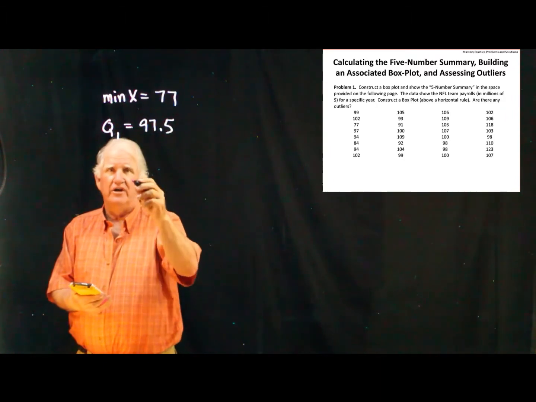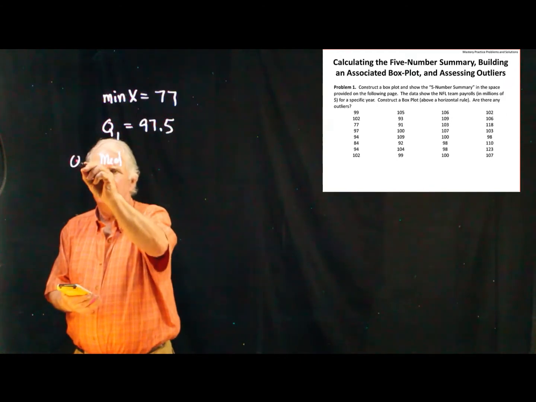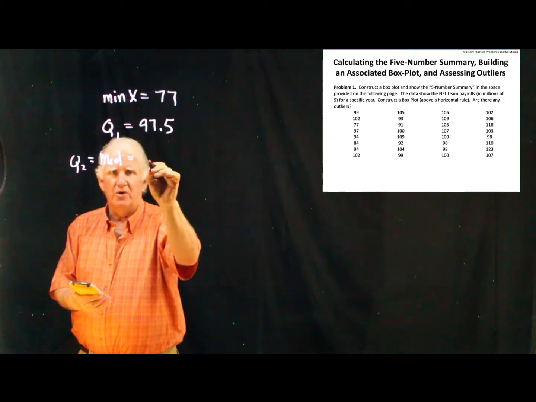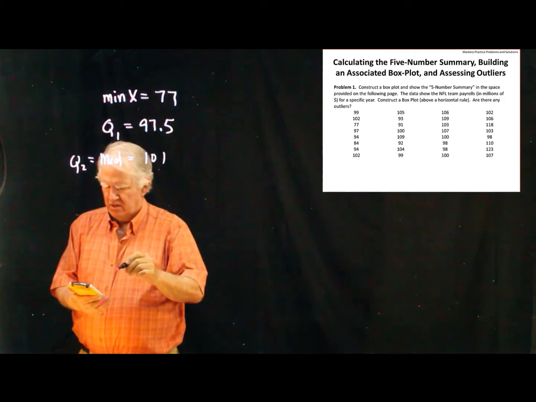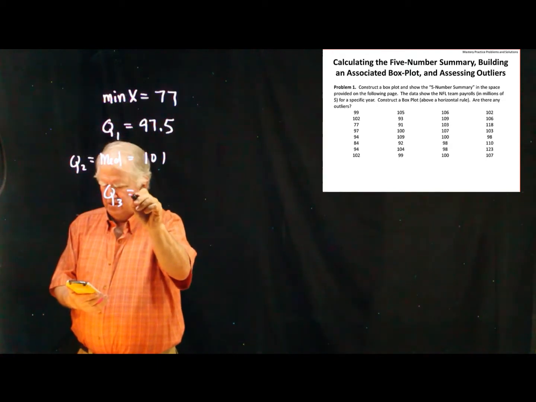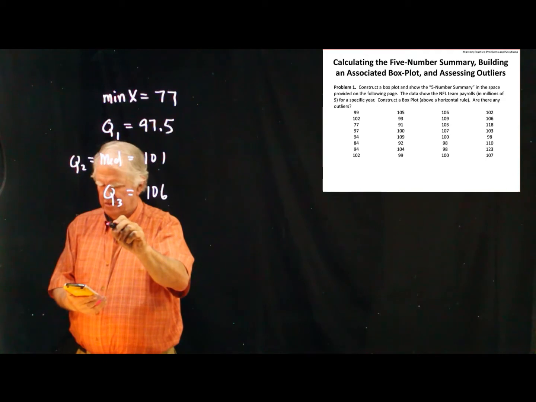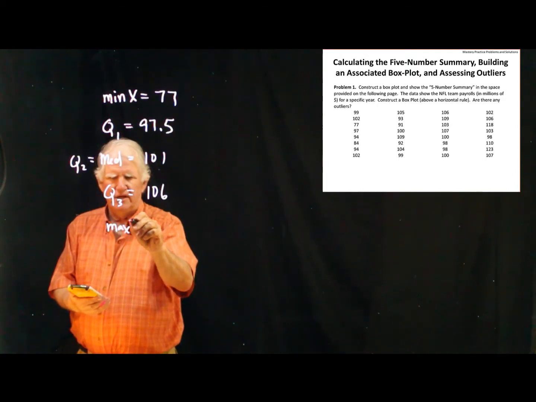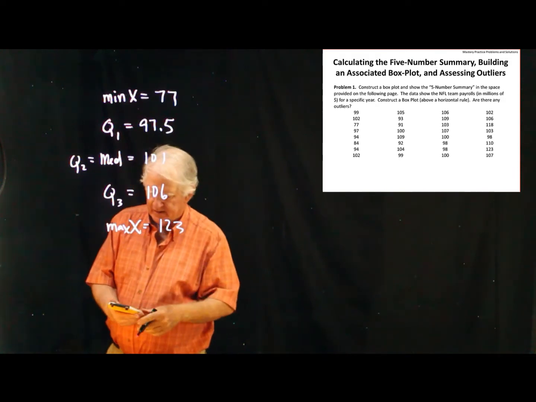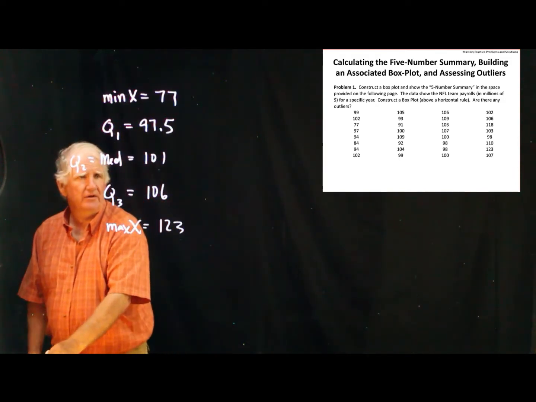The second quartile, also called the median, is 101. The third quartile is 106. And the maximum value, max x, is equal to 123. That was the heavy lifting done for you with the calculator.